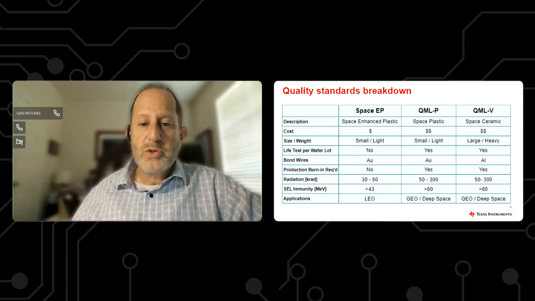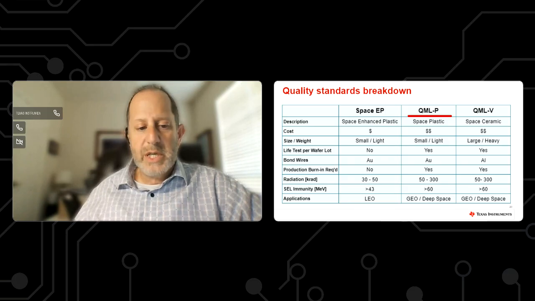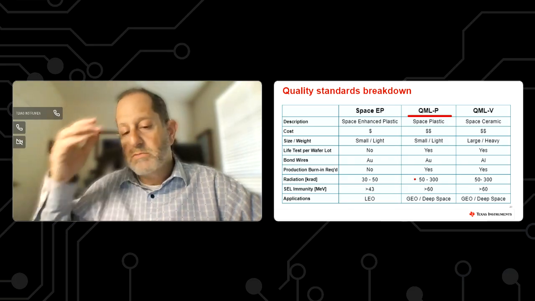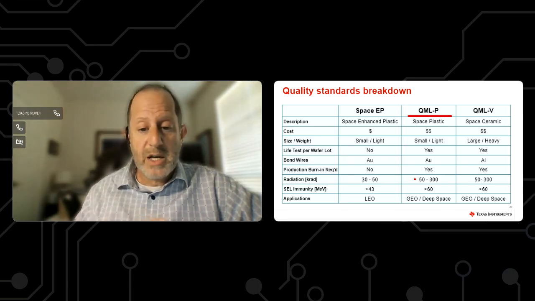So we'll introduce a TI quality standard, which we're calling the QMLP, the P for plastic. So essentially, it's almost all the same qualification standards as the QMLV, but now we are putting that into plastic packaging. We're still adhering to basically the same radiation standards, 50 to 300 KRAD, 100 KRAD typical.